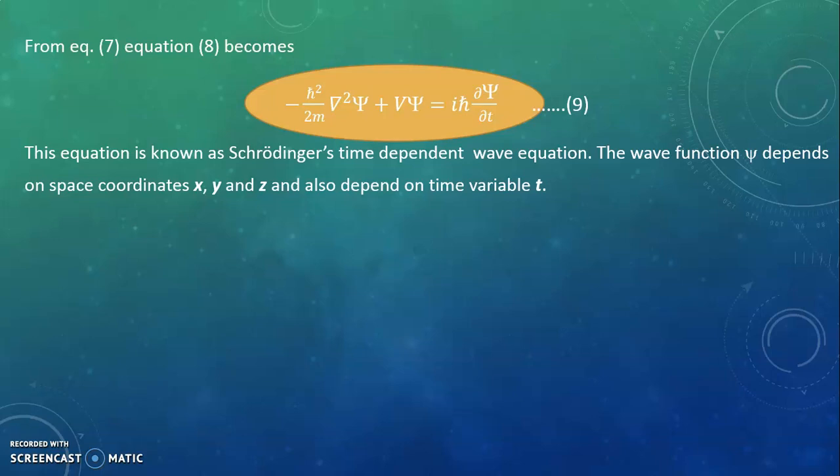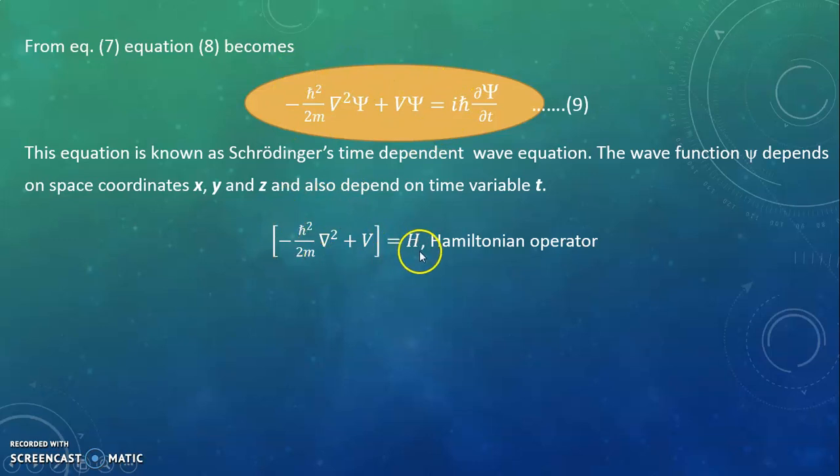Now if we observe equation number 9, you can see there are two operators. The first operator is minus ħ squared upon 2m del squared plus V, just by taking the wave function ψ common, so the remaining term is one of the operators.